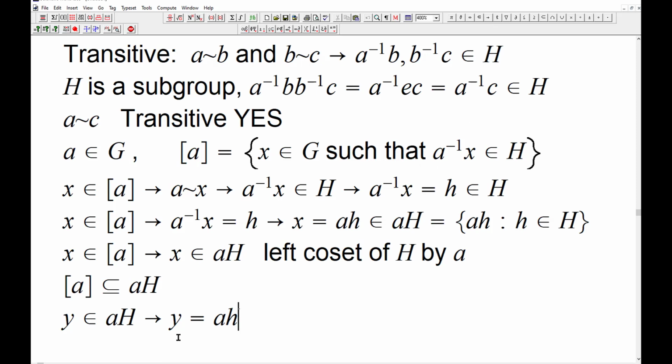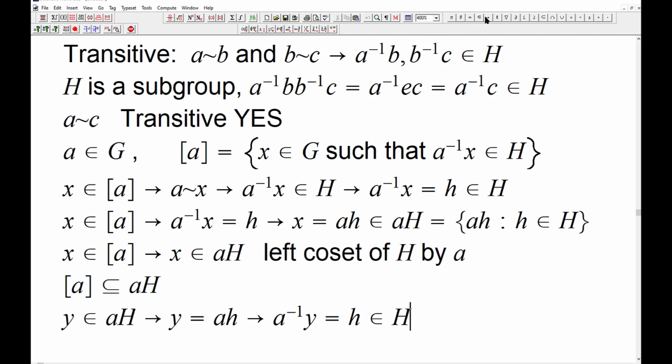Taking it like this was not really directly leading us anywhere, but what this shows us is that if we multiply by A inverse on the left, then we get A inverse Y equals H, which is in capital H.